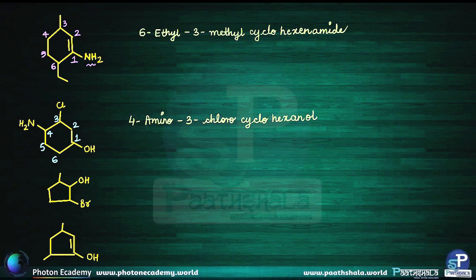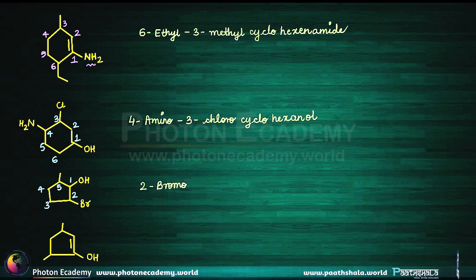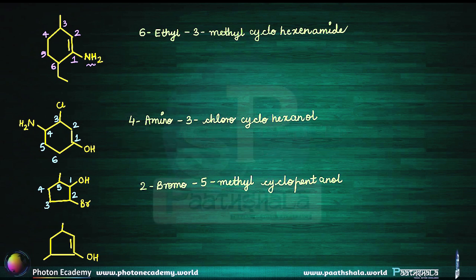In the next one, we start the numbering where OH appears. So 1, 2, 3, 4, and 5. The name of this compound now is 2-bromo-5-methylcyclopentanol. In the next one, we start the numbering again from where OH appears.